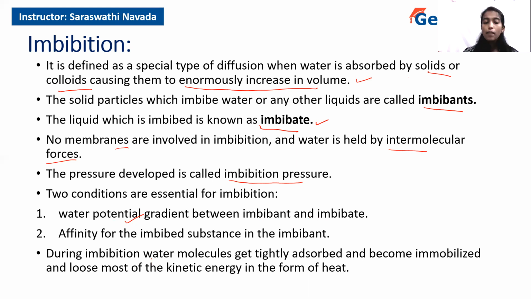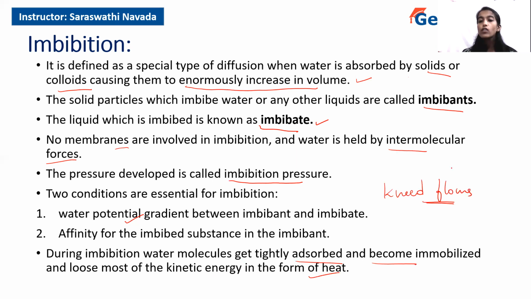During imbibition, water molecules get tightly absorbed and become immobile. As a result, most of the kinetic energy present is lost in the form of heat, so we can see the generation of heat during imbibition. This can be clearly seen in the kneading of wheat flour or any flour.